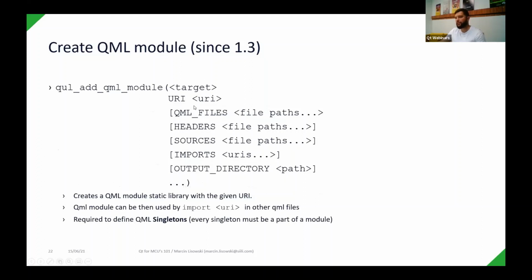Of course, target URI to define the URI then used to import your module in other QML files. Of course, a list of QML files, some headers, for example interfaces if there are any, some sources like C++ files, the imports that are used by your module, and of course, an output directory for redirecting the artifacts from compilation.